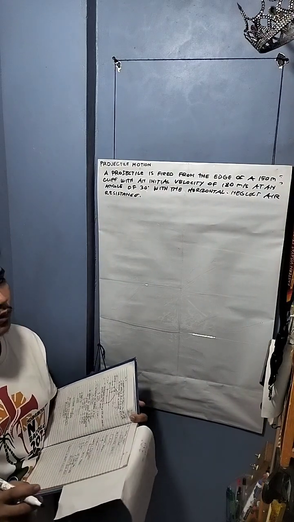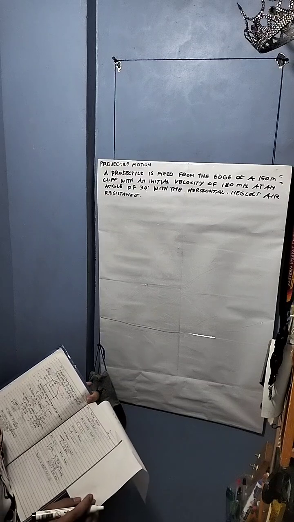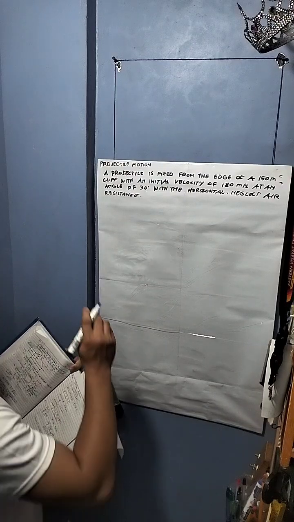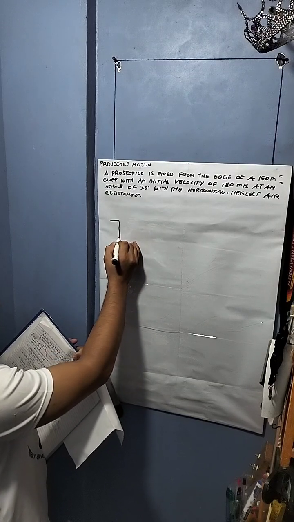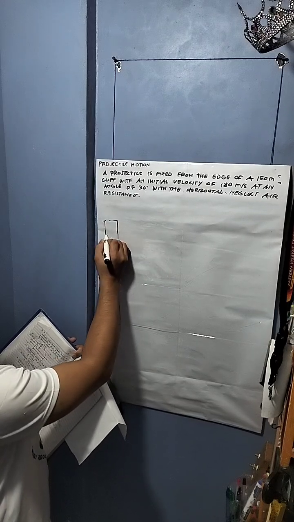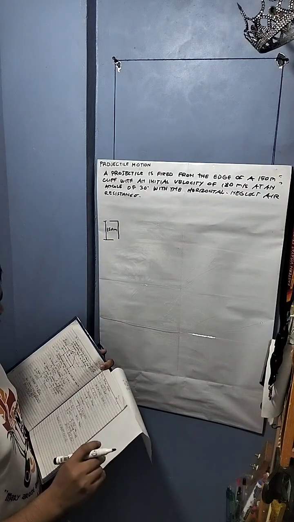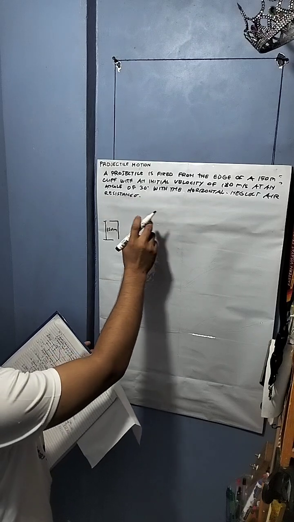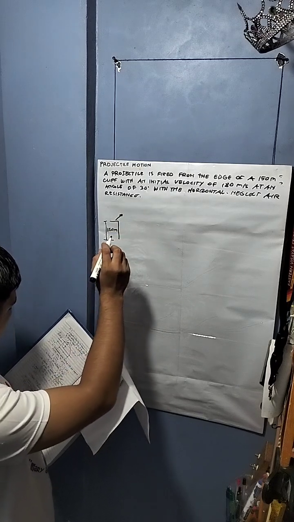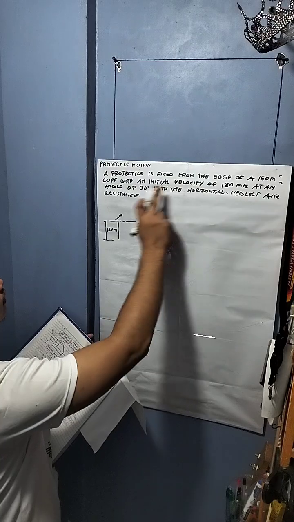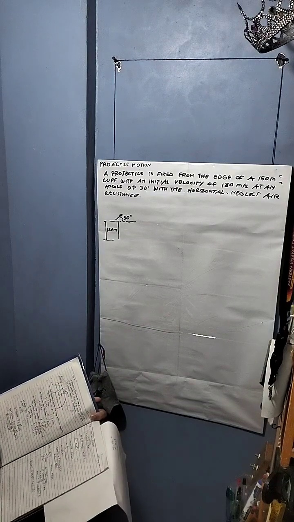First, we are going to draw what the problem has given us. The projectile is fired from the edge of a 150-meter cliff. So let's assume this is our cliff that is 150 meters. Now we have the object here that is being fired at an angle of 30 degrees with the horizontal.